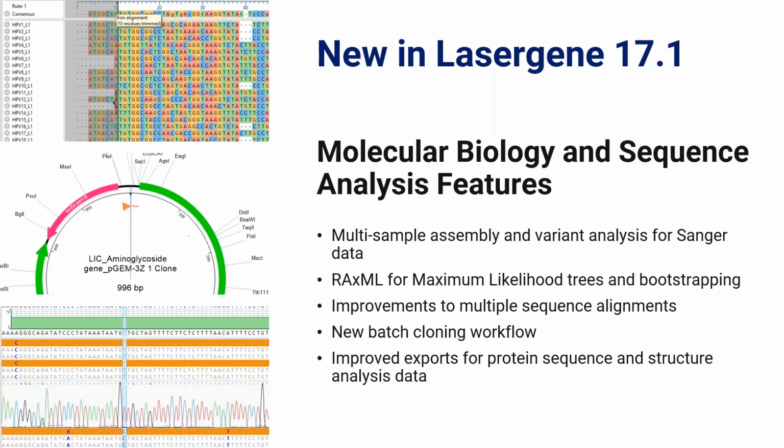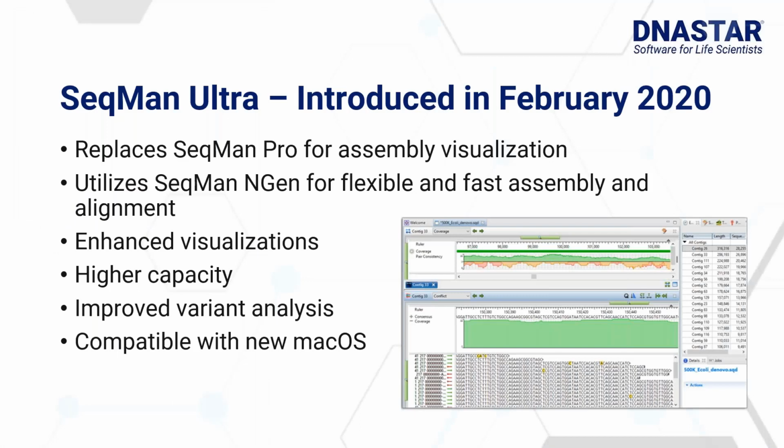And then we also added a batch cloning workflow in SeqBuilder Pro, so you can clone multiple inserts or a single insert into multiple vectors and really streamline your cloning process. We've also got some improved exports of analysis tracks in Protean 3D. But really on the whole, some good features for automating and better visualizations of your data.